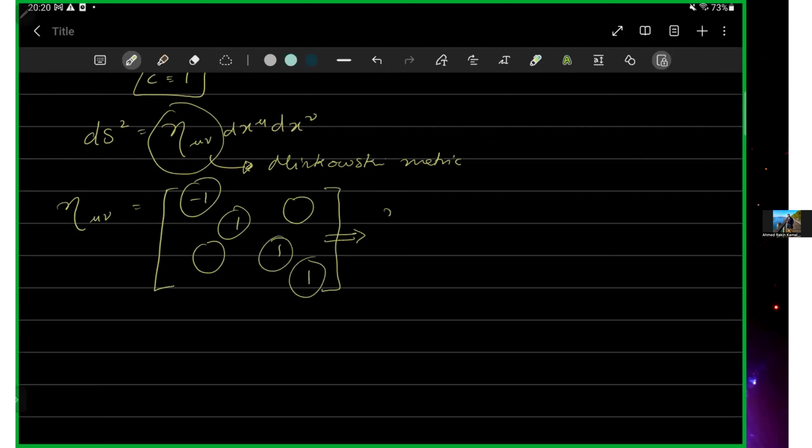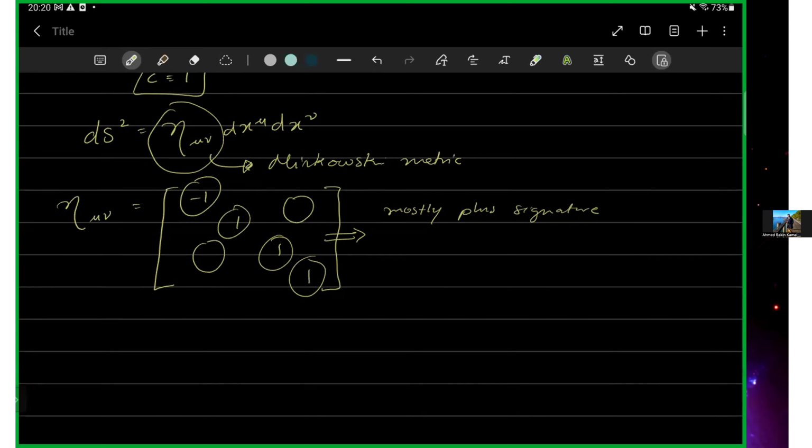And this is called the mostly plus signature. Okay, so in general, for GR, I think we would use this signature most often, which is mostly plus. So we consider time to be in the negative footing and spatial components to be in the positive footing for matrices. Okay.